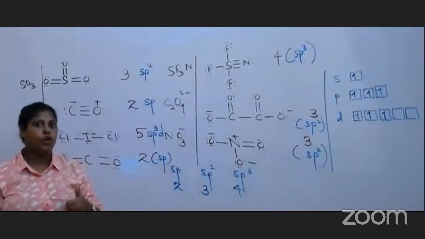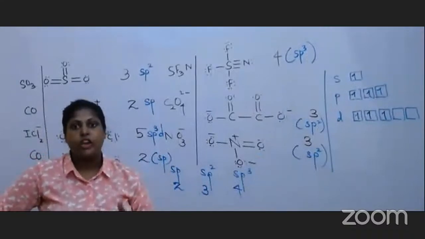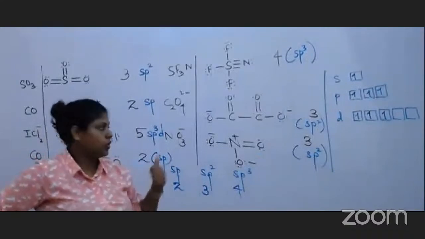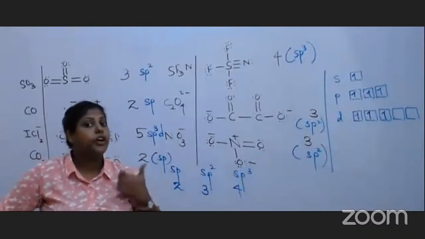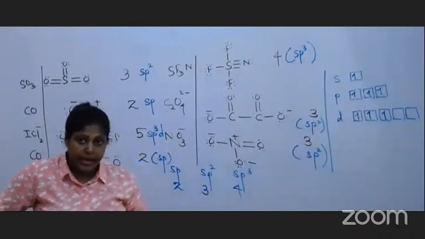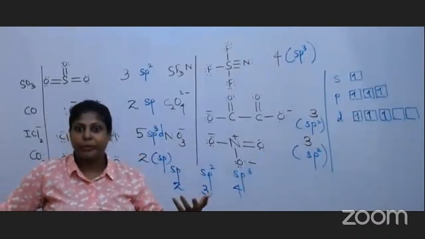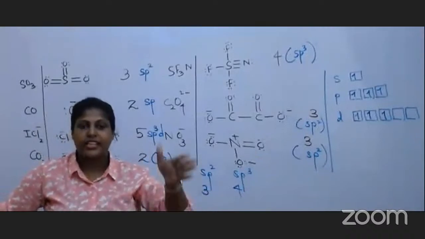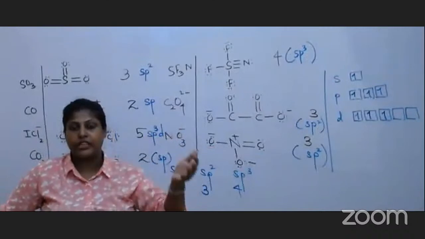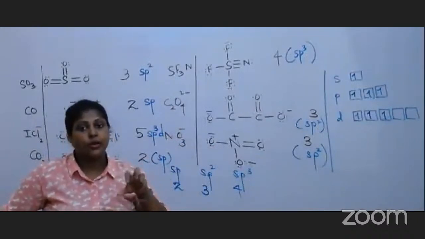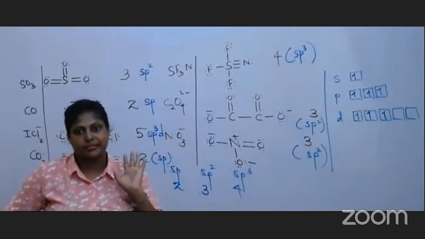So, if you know how to draw the correct stable Lewis structure, from it you can take the total VSEPRs around the central atom. From that, you can get the hybridization. From that, you can get the shape, geometry, and you can arrange according to increasing order of electronegativity for the molecules or ions formed by the same central atom.